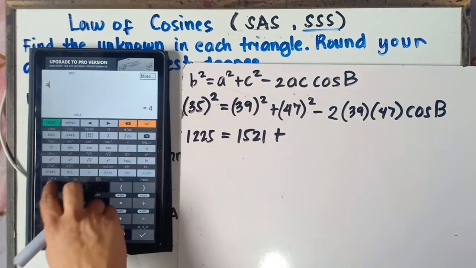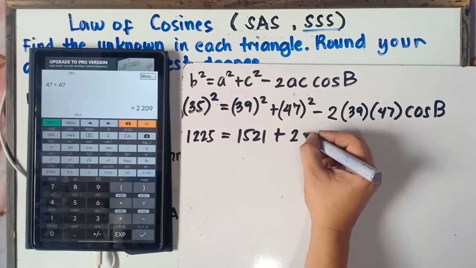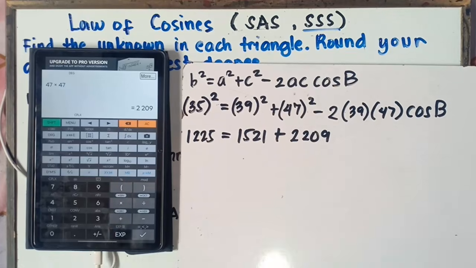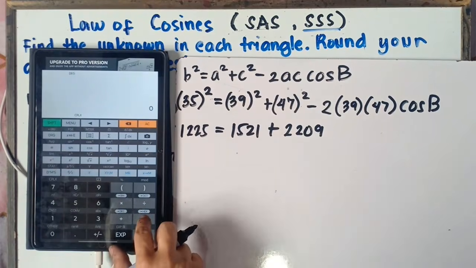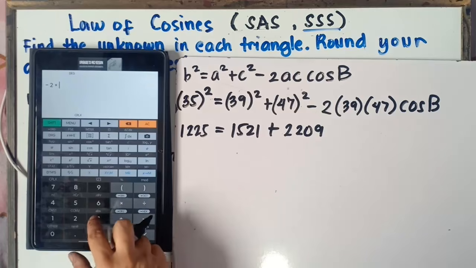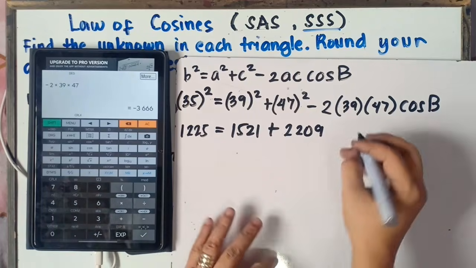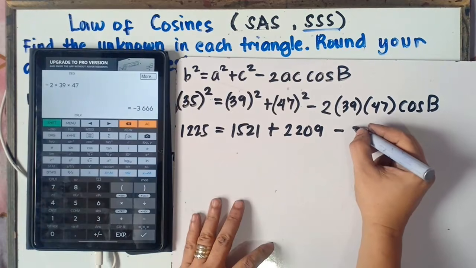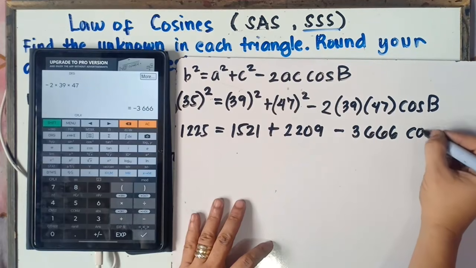Plus 47 times 47, which is 2,209. Then multiply negative 2 times 39 times 47, so you will have negative 3666 cosine angle B.